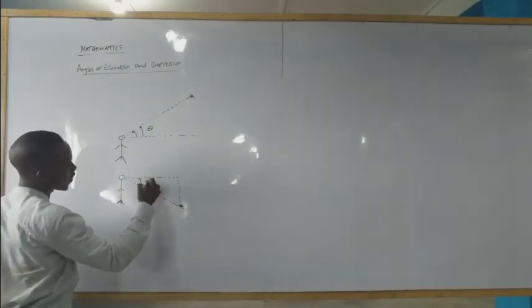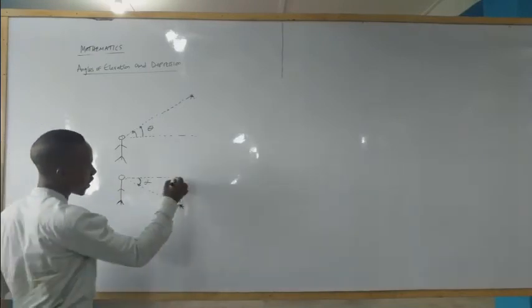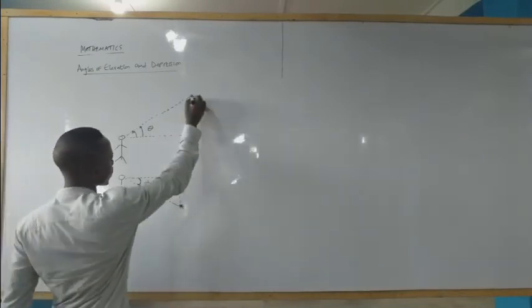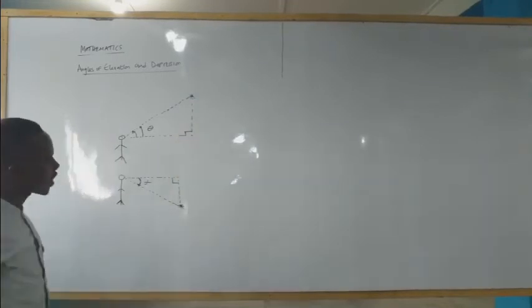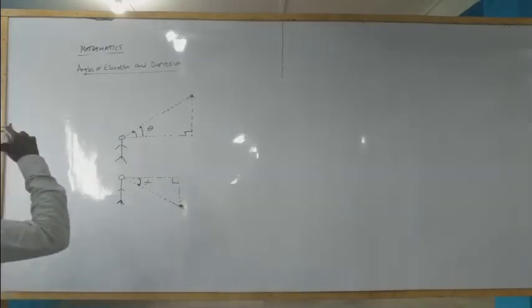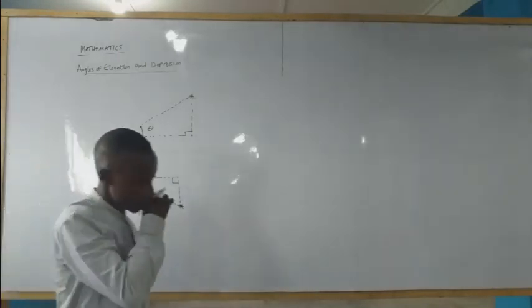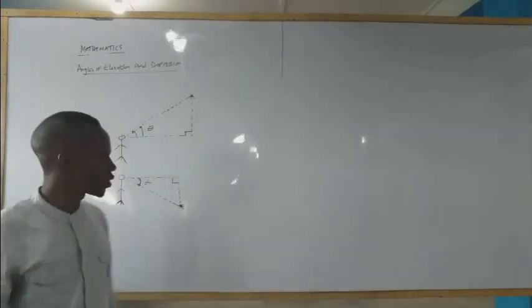So here, you can still assume it's alpha. From here, a right angle triangle is formed with the eye level. So we just want to look at the question under our angle of elevation and depression.